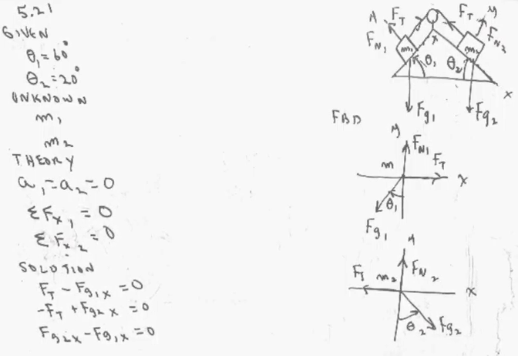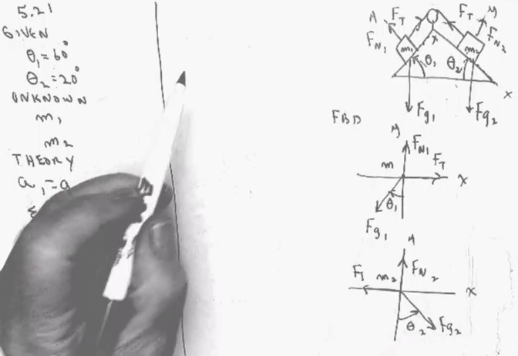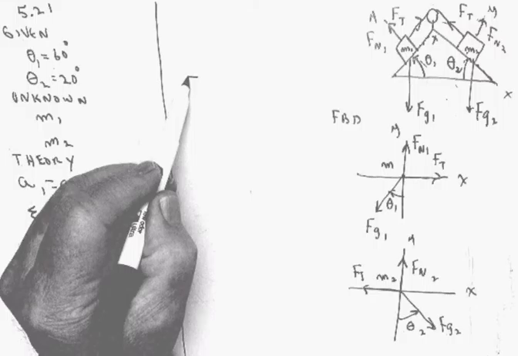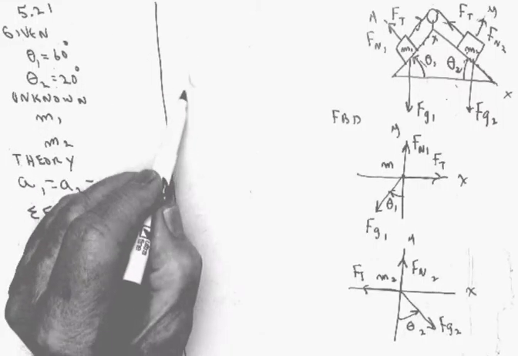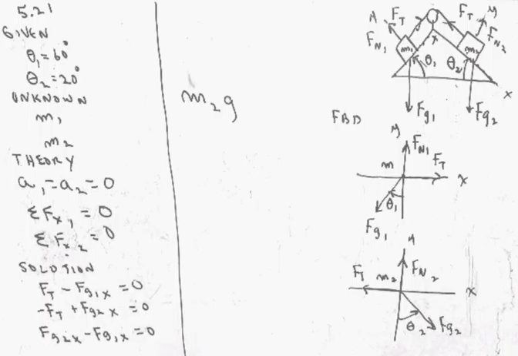Now we can put in the force of gravity for both of these, which is mg. Let me start up here at the top. Really don't need a whole lot of room because we're pretty near finished. Fg2 in the x direction is m2 times g, and then its x component is Fg times the cosine of theta 2.